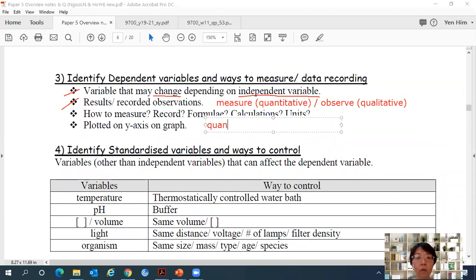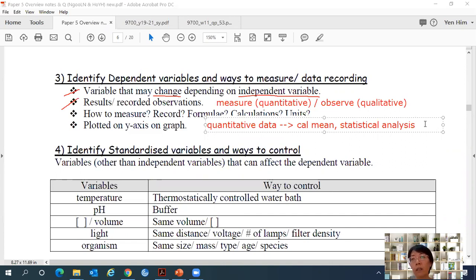Because quantitative data can give you more information. You can actually do calculations, you can calculate the mean, you can do statistical analysis to know how accurate and reliable your result is.